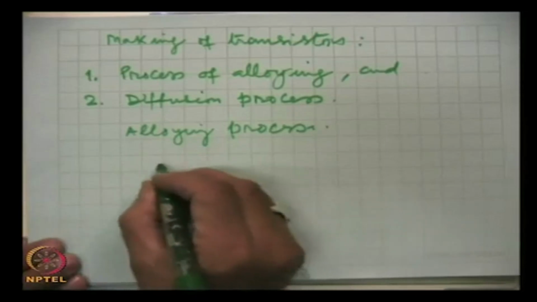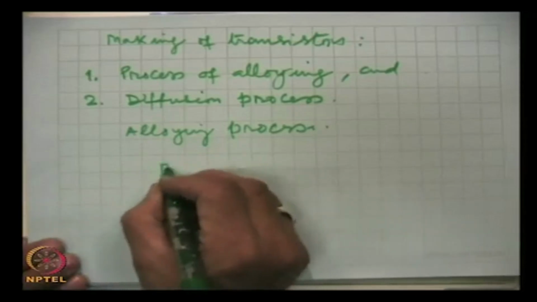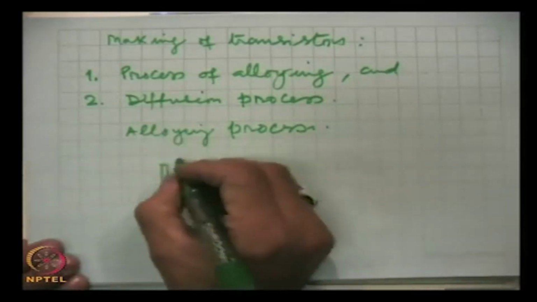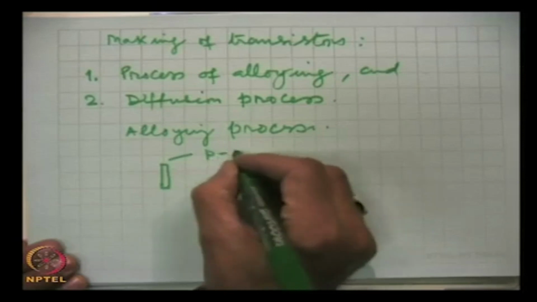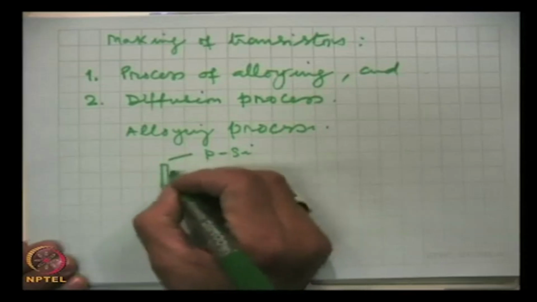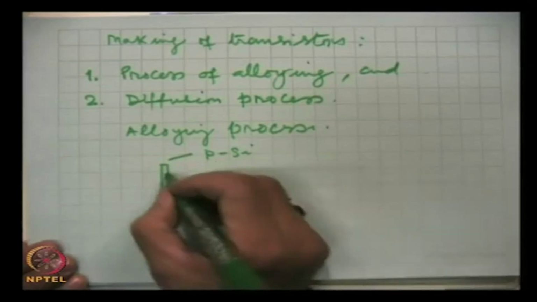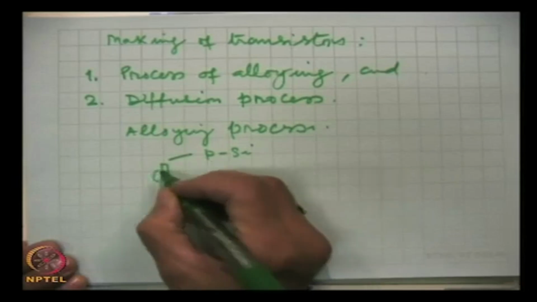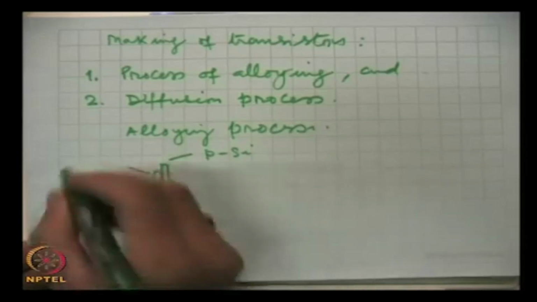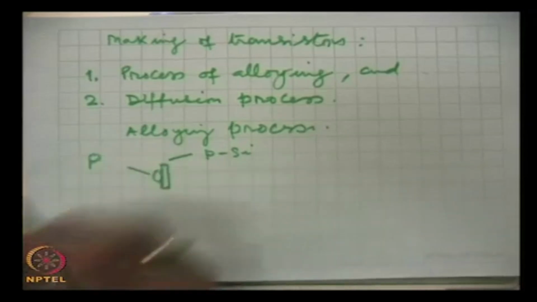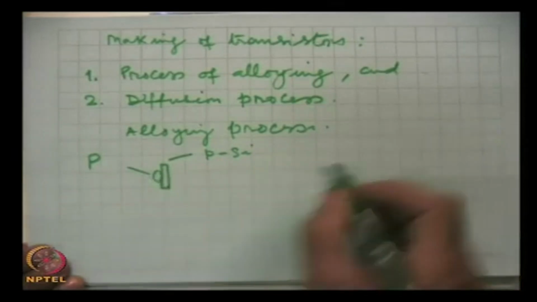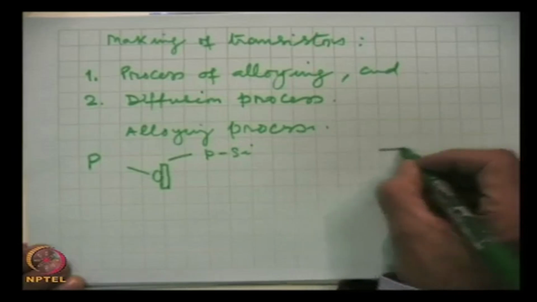We take a small crystal of say p type silicon, and on one side we put a small dot of a pentavalent impurity. This is like phosphorus, a pentavalent impurity.